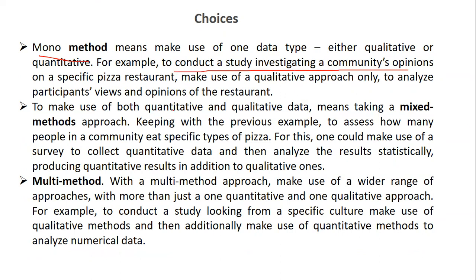Mixed method is where you implement both quantitative and qualitative, for example, to assess how many people in the community eat specific types of pizzas. Multi method is a variety of range, for example, to study a specific culture, either with the help of a specific method, qualitative or numerical. So that all is a part of your multi method.